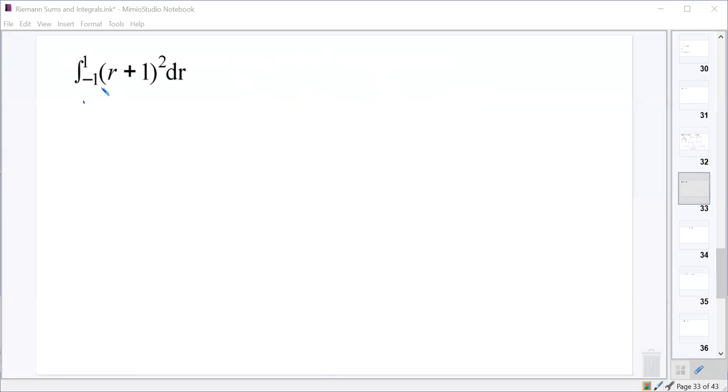Okay, so if u is equal to r plus 1, then du should be equal to just dr. Everybody agree with that? And this should then become what integral?